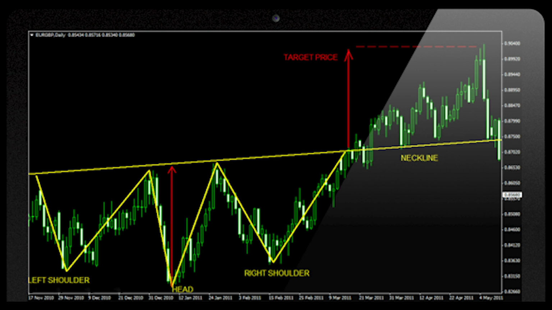The length of the red vertical line from the neckline to the head is projected from the breakout point of the neckline downwards. This will give us an approximate price target. So if you enter a sell position at the breakout point, your exit would be at this target level. The same method applies to the inverse head and shoulders. If you entered a buy position at the breakout point, you can calculate the target price where you can exit and close your position in profit.